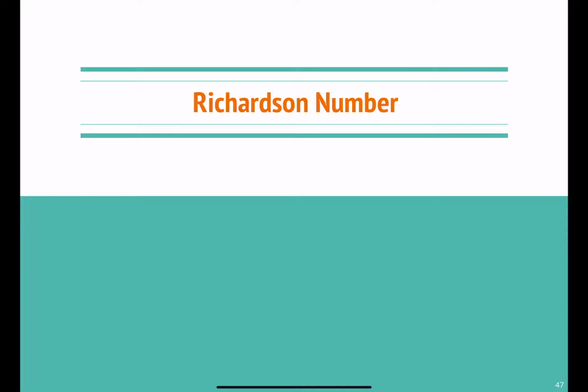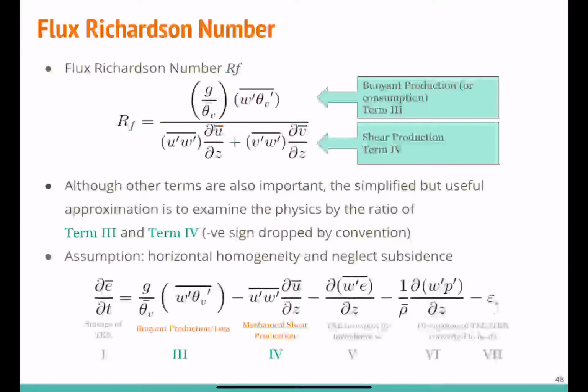Okay, so how do we make use of the Richardson number? This is what we call the flux Richardson number. On the top we have the third term from the TKE budget equation, which is telling us the buoyant production or consumption depending on the sign of this. And here is the shear production due to the shear.